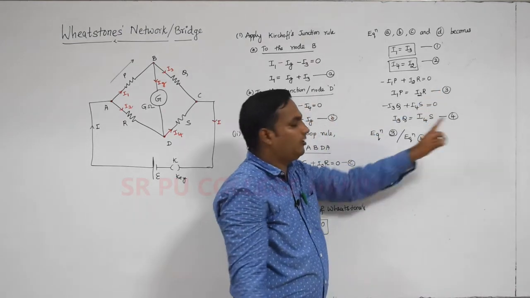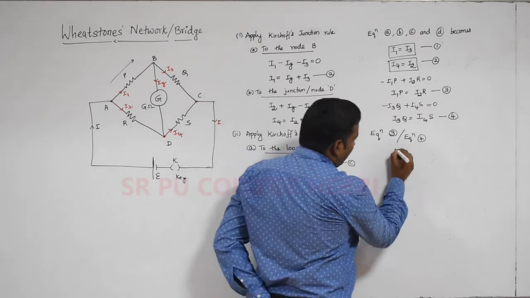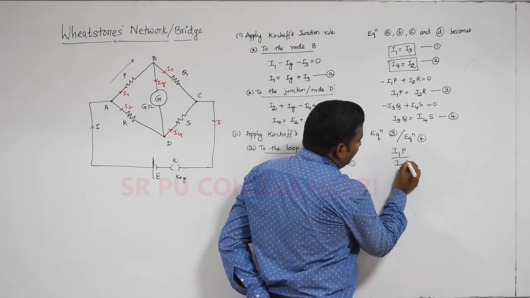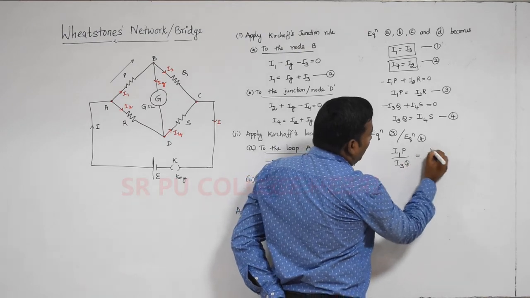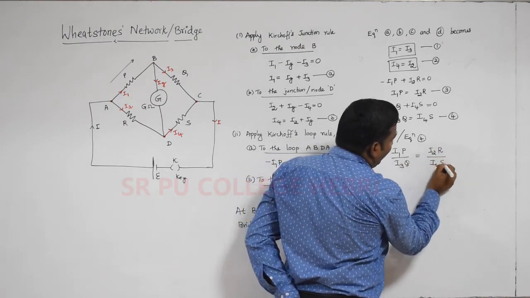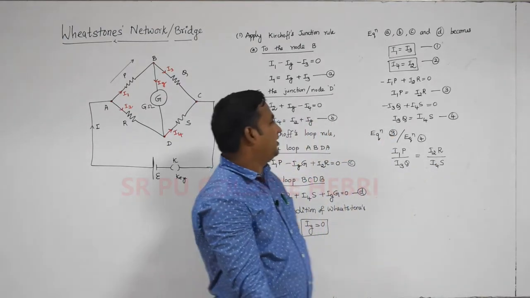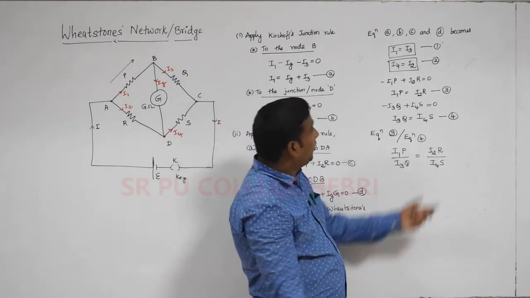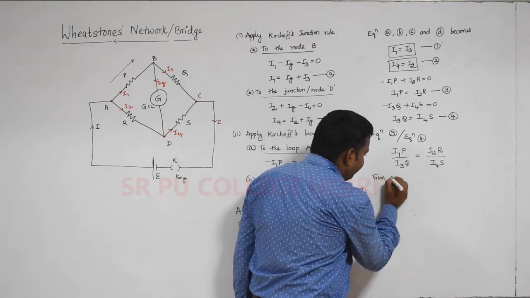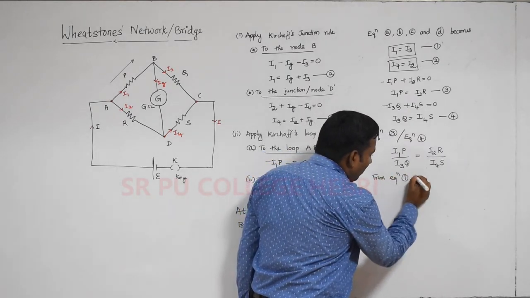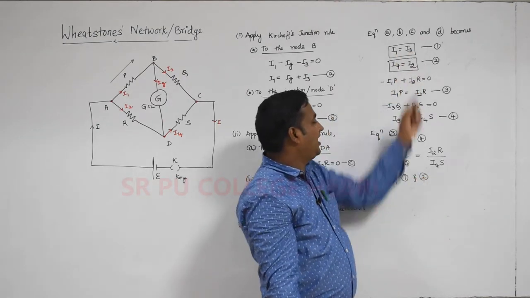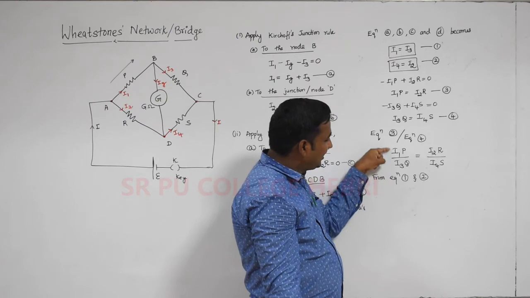Equation 3 divided by equation 4, that becomes I1 into P divided by I3 into Q is equal to I2 into R divided by I4 into S. Dear student, I got this equation. We already know from equation 1 and 2, I1 and I3 are equal.